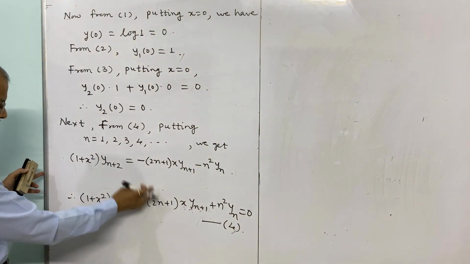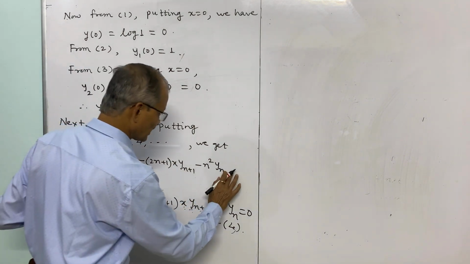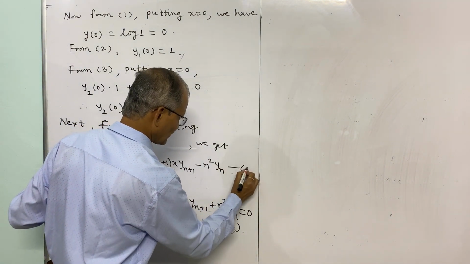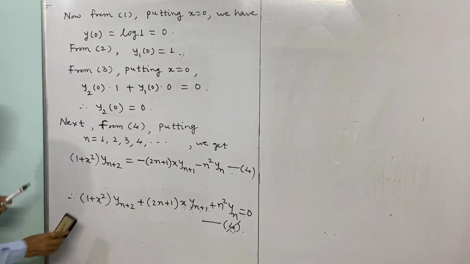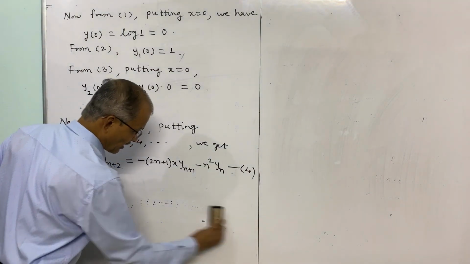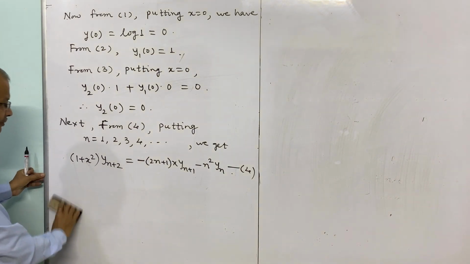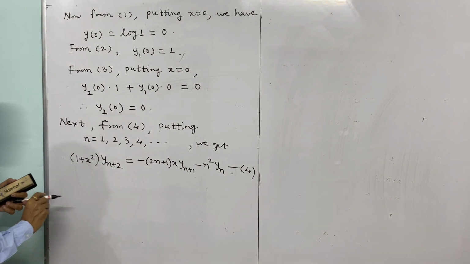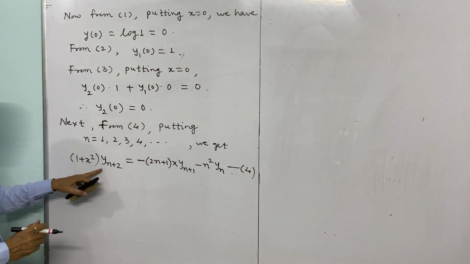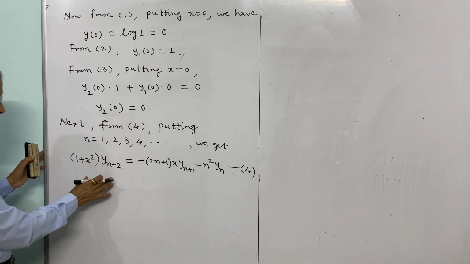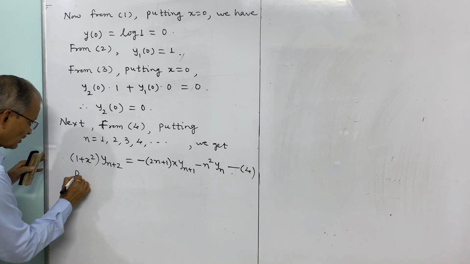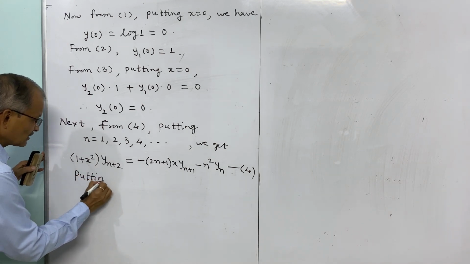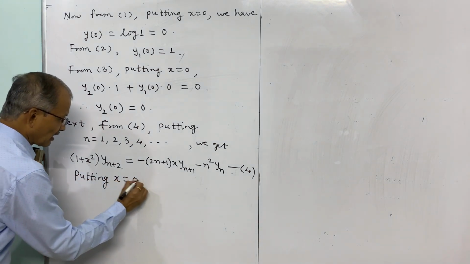This is the same equation we have written, and we consider this as 4. Now we put x is equal to 0.